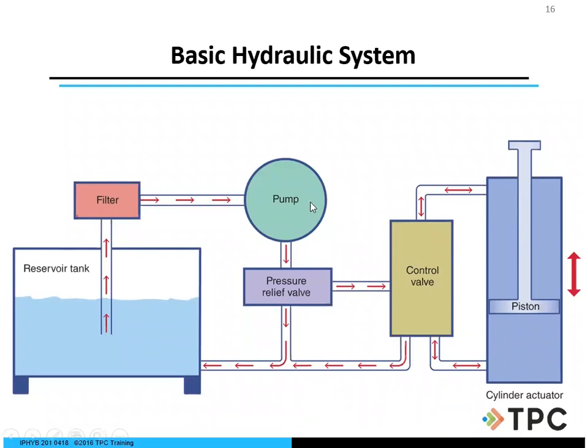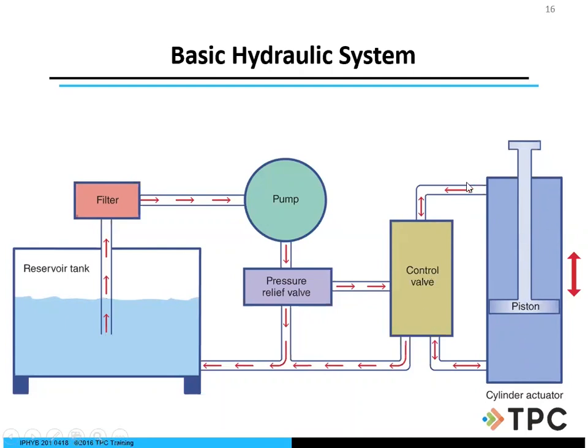Then you have your pump and your pressure relief valves. As I said before, your pump is creating flow, and your piping and so forth is going to establish and develop pressure throughout our system. If it becomes over-pressurized, you need to have some way to relieve that. Our control valve could be a 2-way or 3-way, that's fine, and then a 2-position or 3-position directional control valve as well.